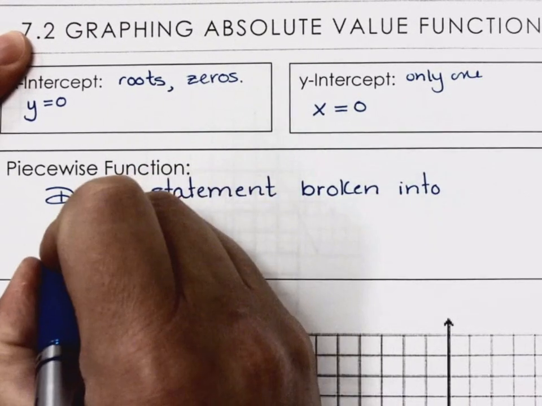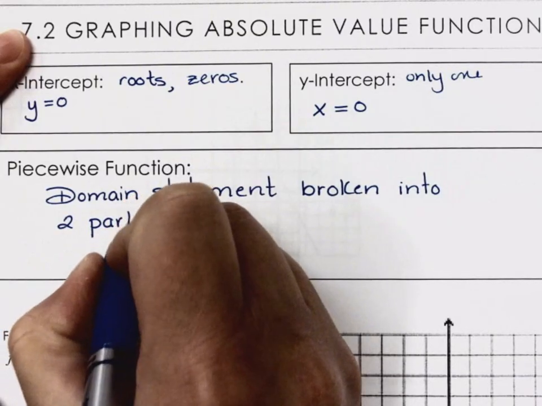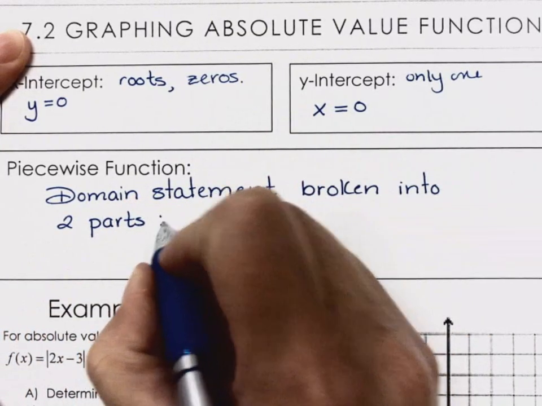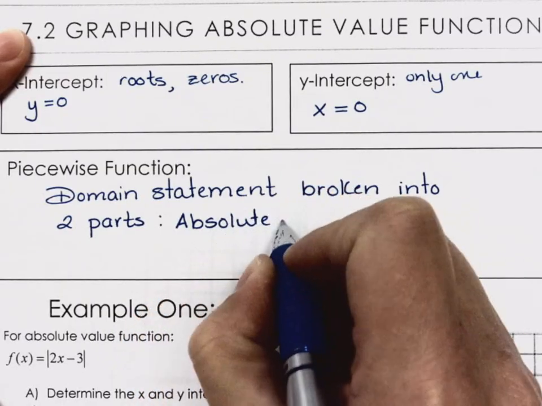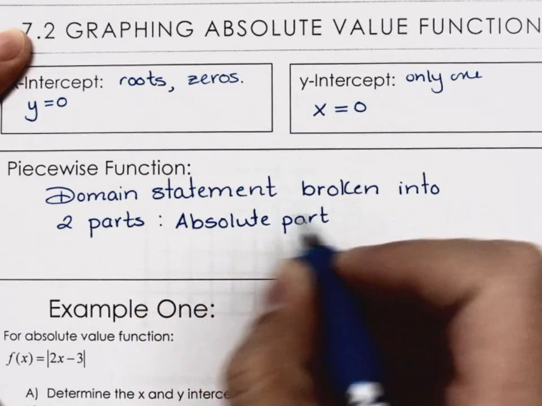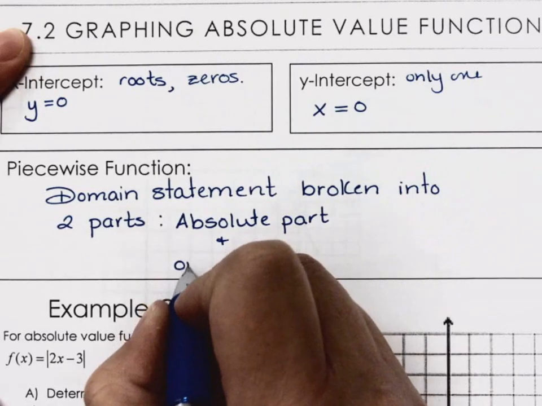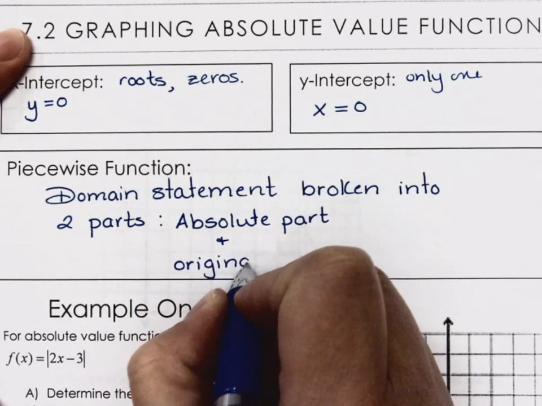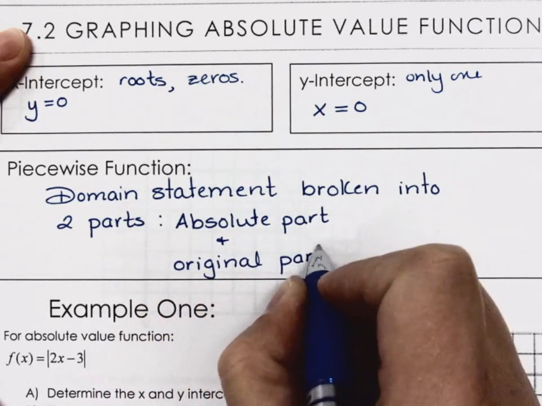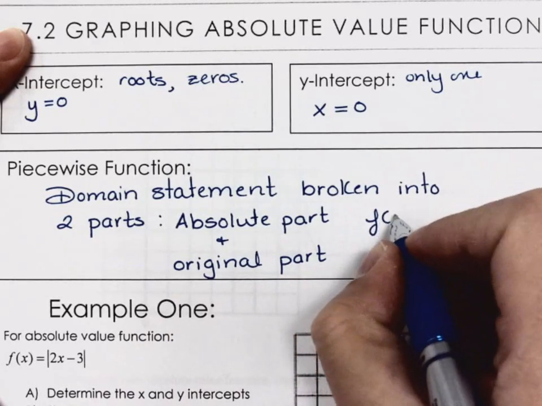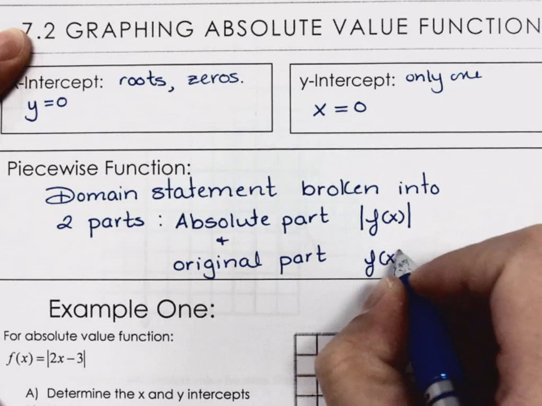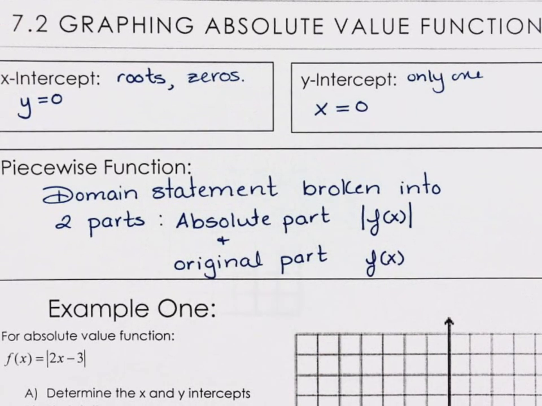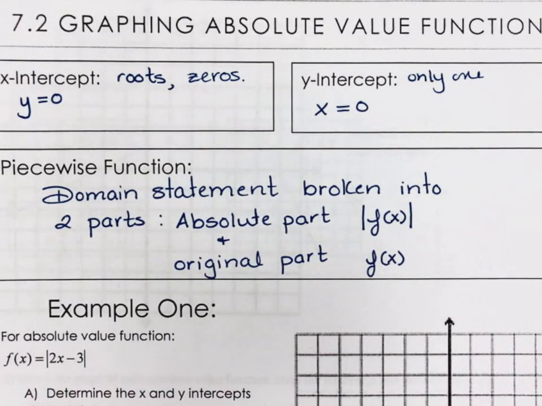Broken into 2 parts. I'm going to ask you to break down your domain into 2 parts, and that's why it's called a piecewise function.